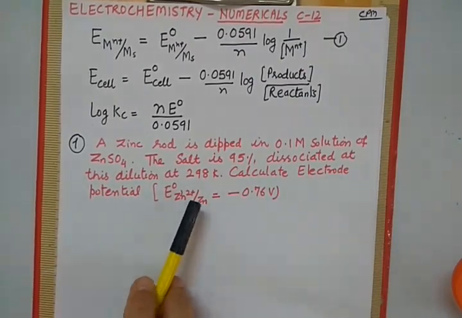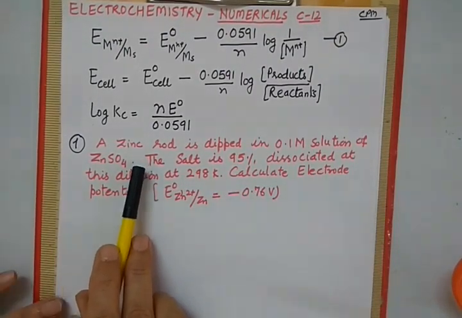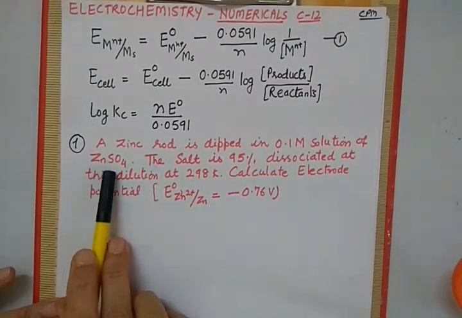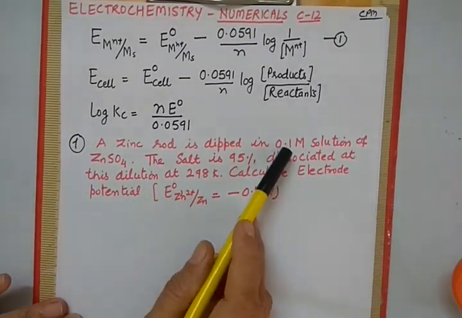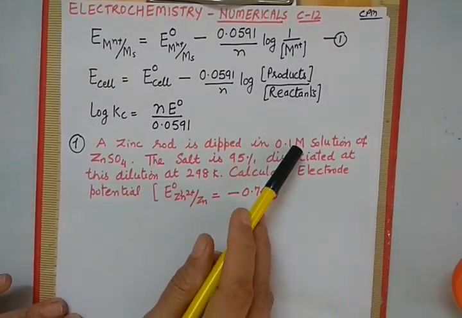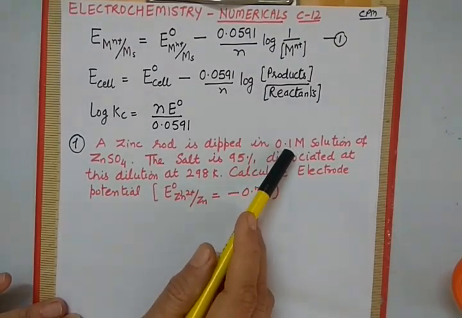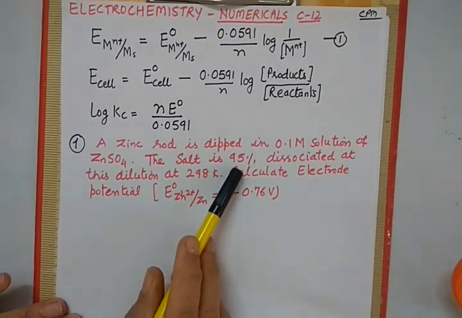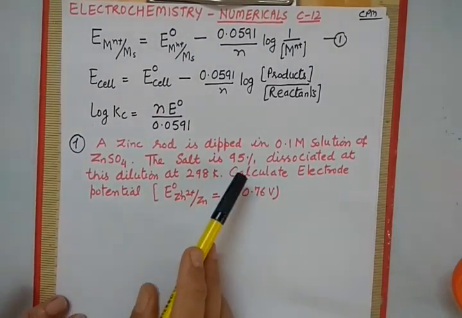Now we have to find the electrode potential of the zinc electrode when it is dipped in a solution of ZnSO4 whose concentration is 0.1 molar, but it is not completely ionized. How much is it dissociated? It is 95% dissociated. So let us see how to solve it.